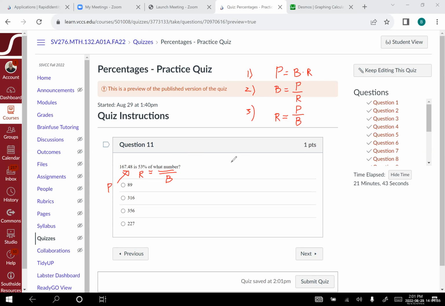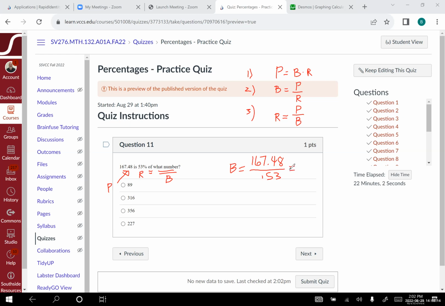So base equals part over rate. So base equals 167.48. We convert 53% to a decimal. We get 0.53.